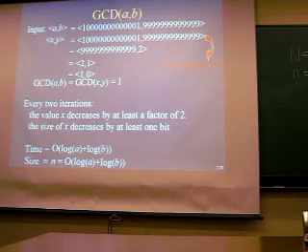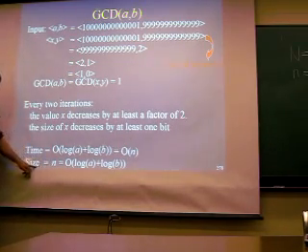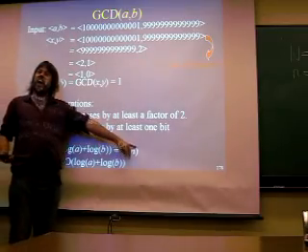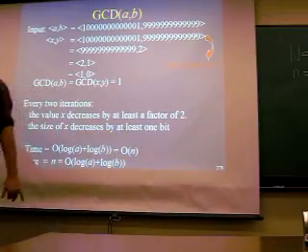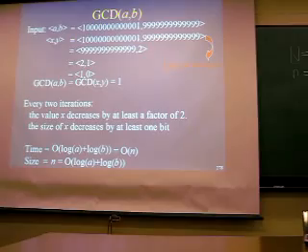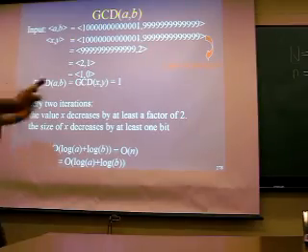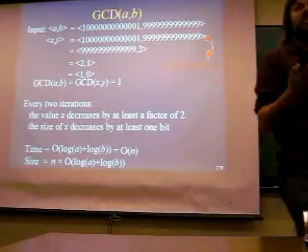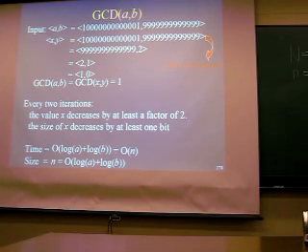Because it's linear: the running time as a function of the size of the input is linear, right? In fact, as a general rule, you're rarely going to get algorithms that are faster than linear because you got to at least look at the input, right? If the input matters, you got to look at it. So don't expect it to be faster than linear. Does that make sense? Everybody good with this algorithm?